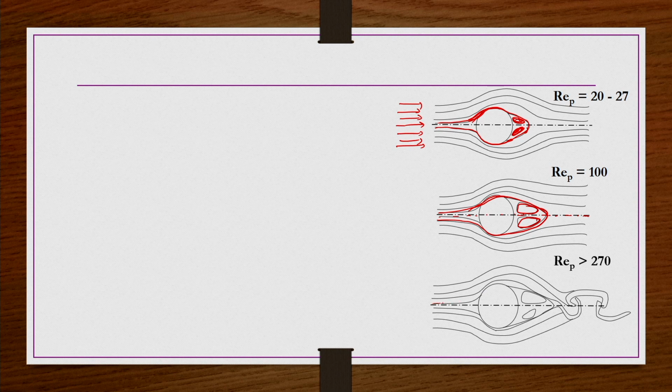But if you keep on increasing the Reynolds number, let us say beyond 270 or 250, then the vortex may increase further, but their shapes are not the same.